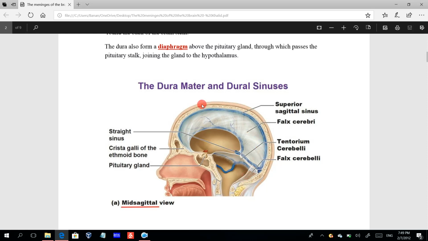So these are the membranous extensions of the dura between the parts of the brain and the cranial contents, forming multiple compartments: an upper compartment containing the right and left cerebrum, and a lower compartment containing the cerebellum and the brain stem.